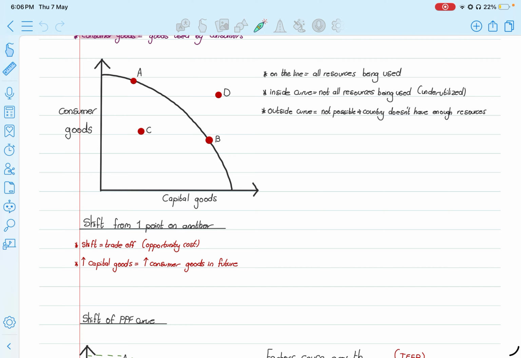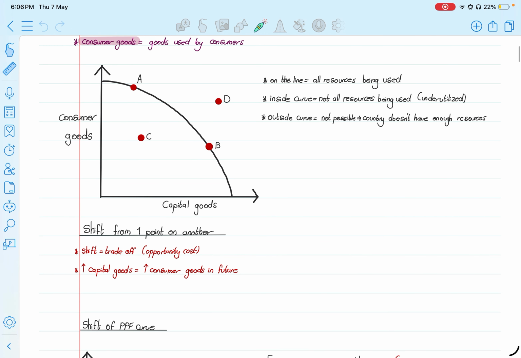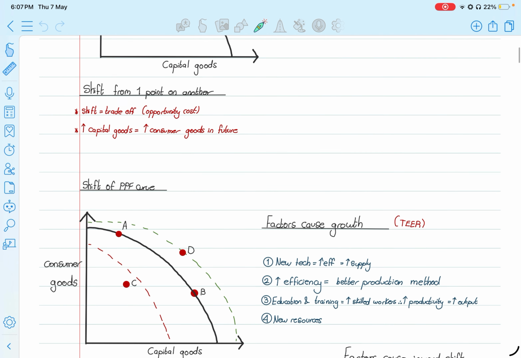It's literally the definition of opportunity cost, just another way to say it: a trade-off. For example, if I go from B to A, I'm producing more consumer goods, but I'm sacrificing the capital goods that I could have produced.